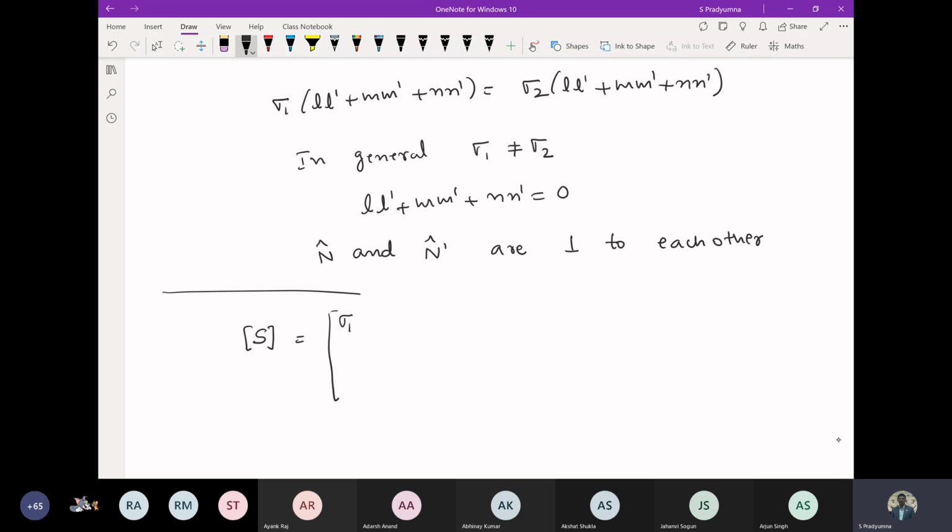So that means sigma 1 0 0, 0 sigma 2 0, 0 0 sigma 3. So you may ask me whether it is the same as what we take in terms of xy coordinates, the Cartesian or the Cauchy stress, whatever we are considering. Is it equivalent to that?